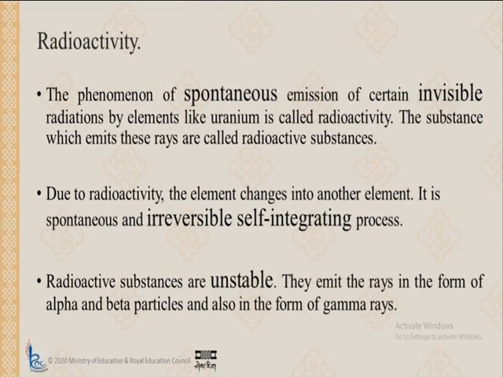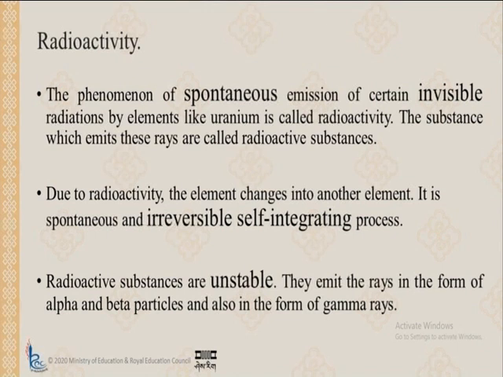The phenomenon of spontaneous emission of certain invisible radiation by elements like uranium is called radioactivity. What's happening? Nuclear disintegration is taking place. Why? Because the substance is unstable, because it is radioactive. The substances which emit these rays are called radioactive substances. Obviously, a radioactive substance will emit rays to get stabilized.